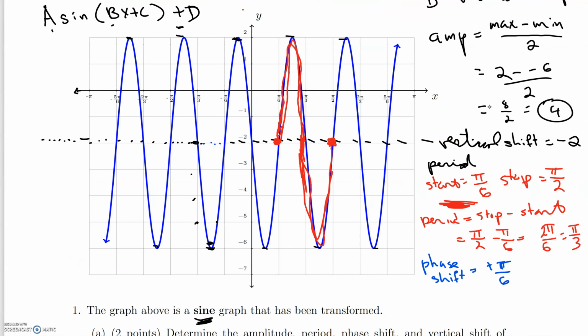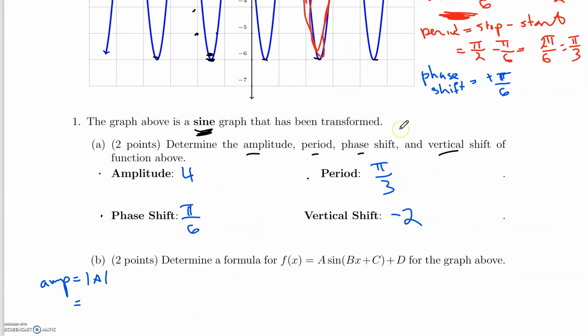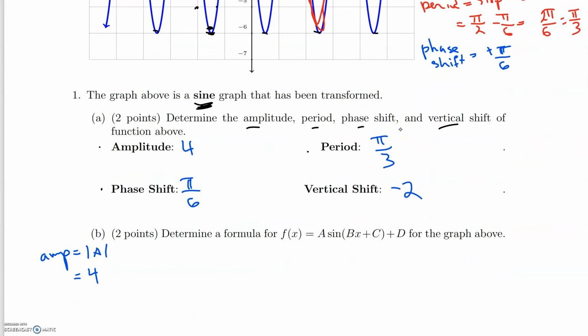This hasn't been flipped over. Or at least I'm not looking at it as being a reflection. I'm looking at this being my start, so that wouldn't be a reflection. So my point being that I know this is going to be a positive 4, so A is positive 4. All right. We already found the vertical shift, that's just going to be D. So D is actually just -2, so there's nothing to do there except to write that down.